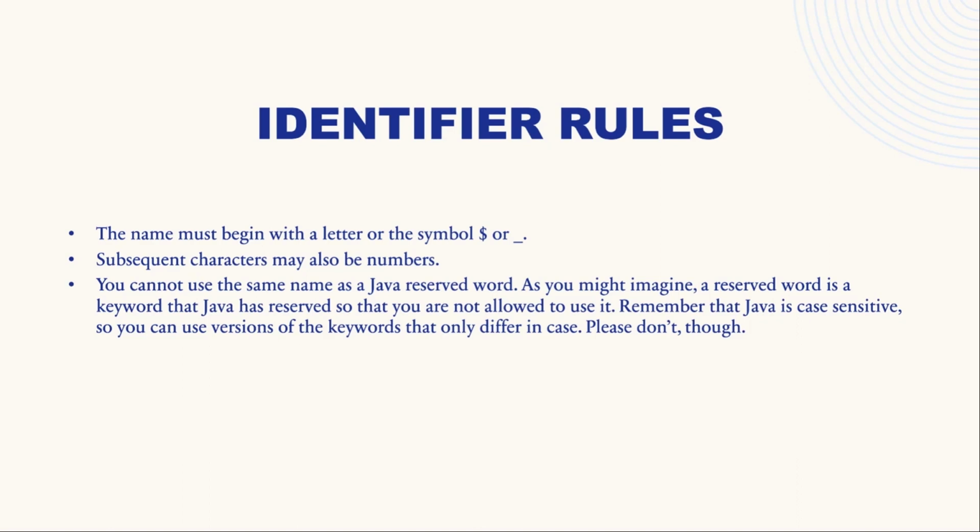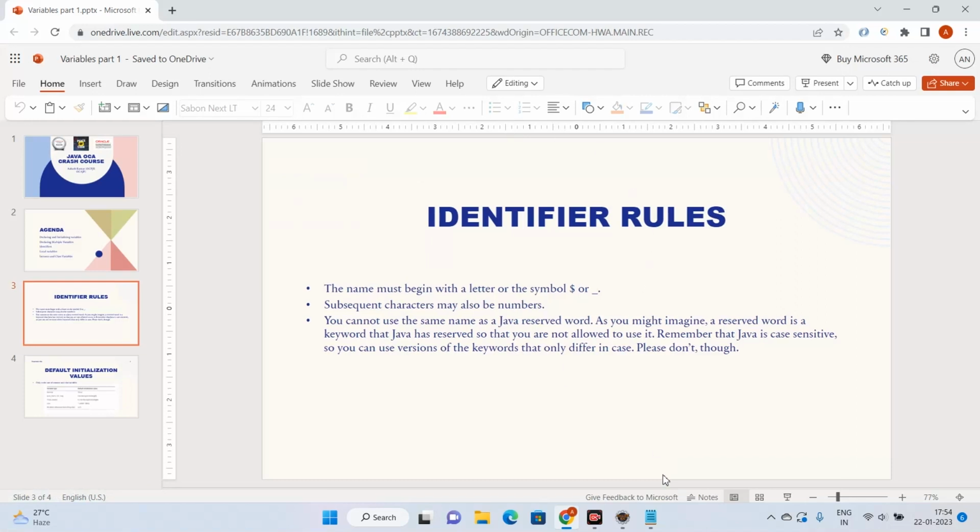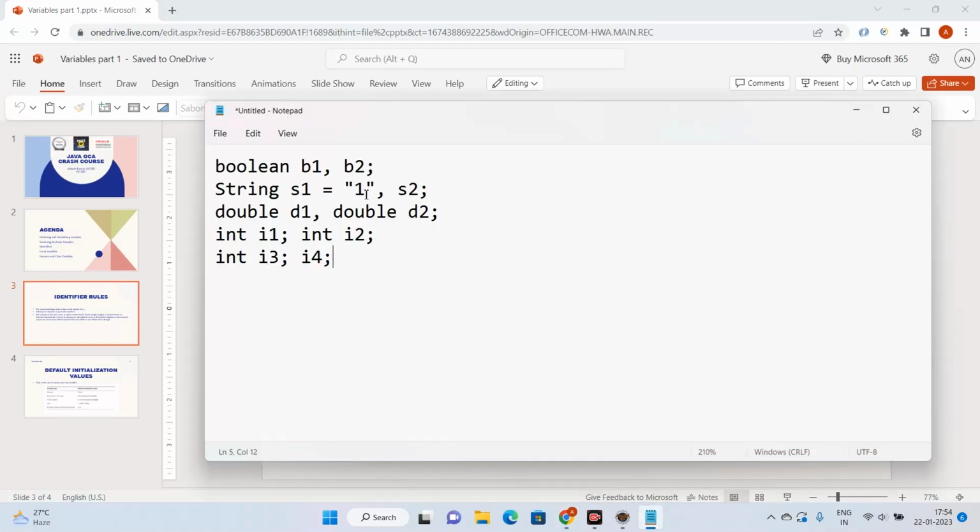All right, so let us try out some identifier questions that may come in the exam. The exam may test you on those things. So let us see some valid identifiers and some invalid identifiers.